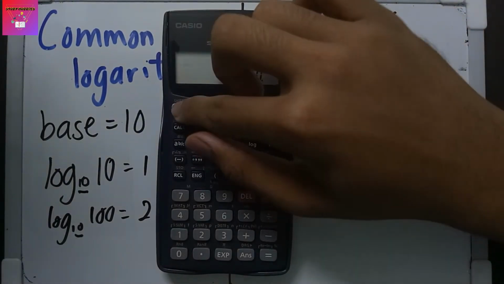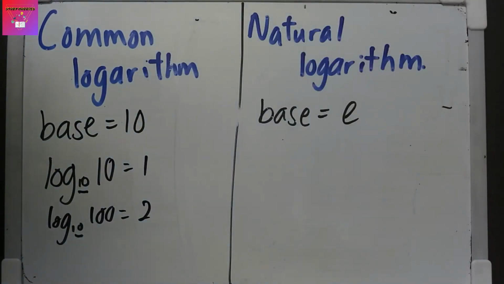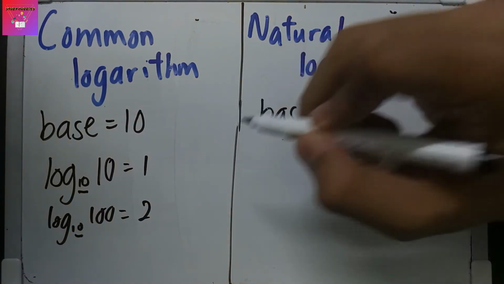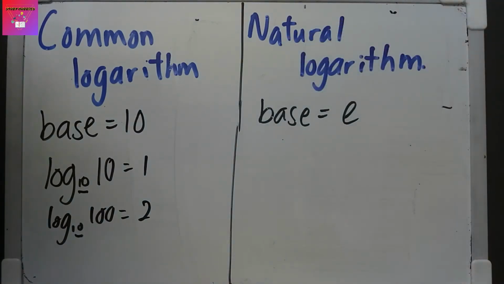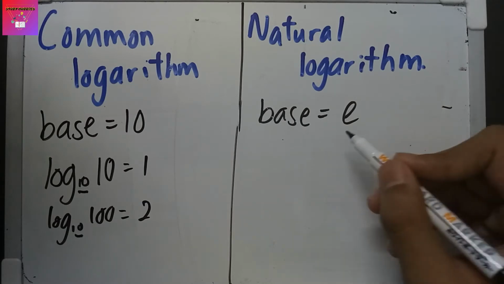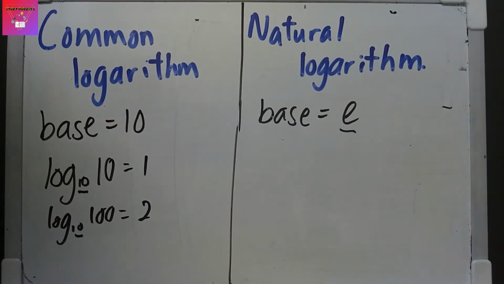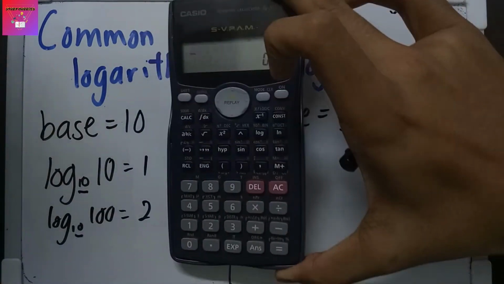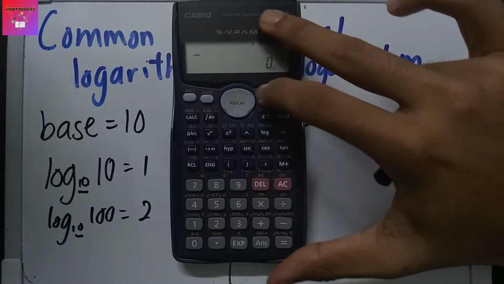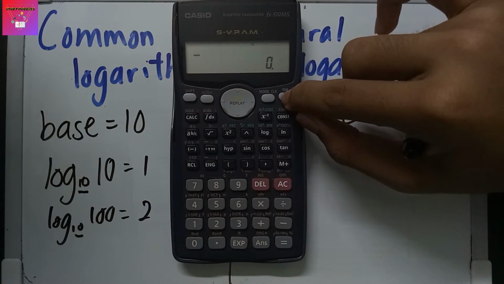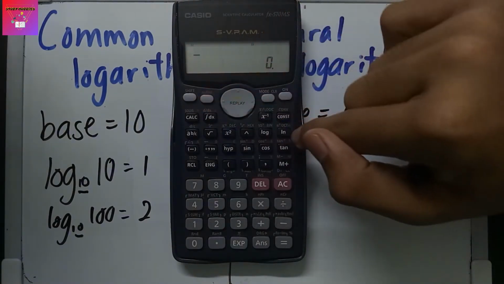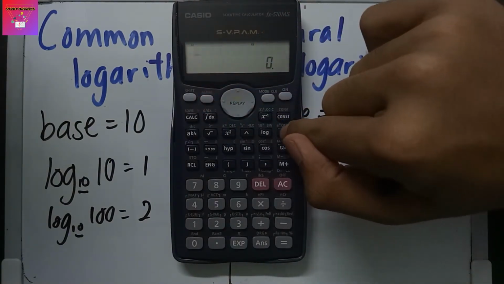Okay. So next we're going to look at natural logarithms. So what are natural logarithms? Natural logarithms are logarithms which have the base e. So you might wonder, what is e? e is actually an irrational number, and if you watch my video on real number systems, you can understand what irrational numbers are.